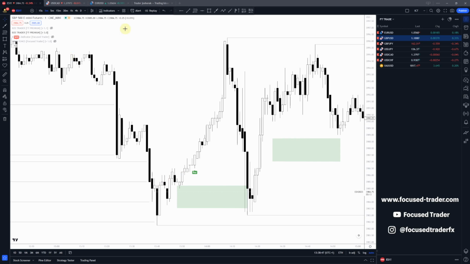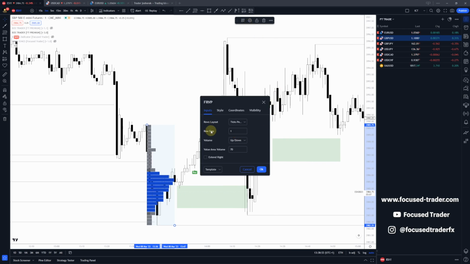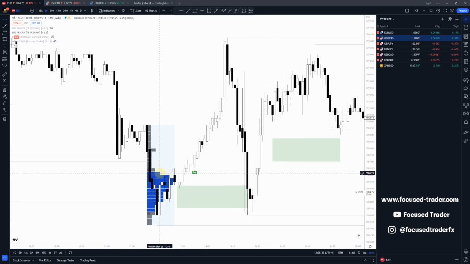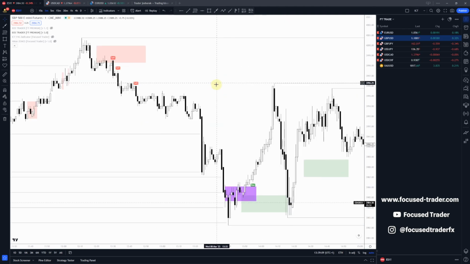Actually, let me draw a volume profile of this section, and maybe we have the row size set on. So you see that we draw the value zone like so. This movement starts from the POC, the place where there was the most volume in that situation, and you see a very beautiful market reaction to the upside.